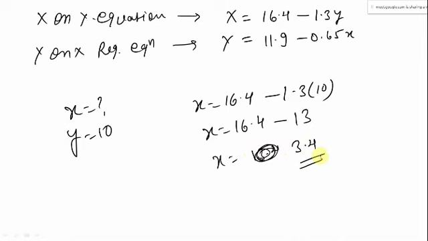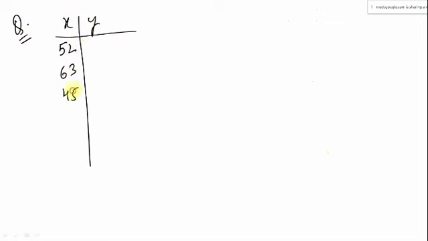So this is how we calculate regression equations between two variables or two or more variables. So I am giving you a question to practice. You have to find out the two regression equations. x has 52, 63, 45, 36, 72, 65, 47 and 25.